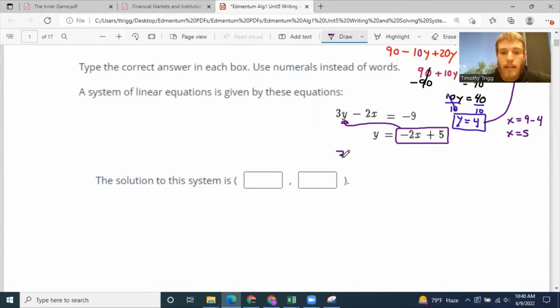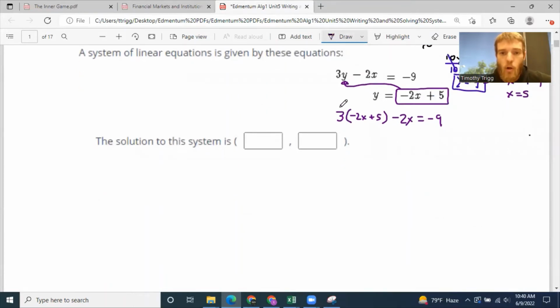Let's rewrite this top equation: 3 times y, which is negative 2x plus 5, then minus 2x, and equals still negative 9. I'm just rewriting this first equation, substituting the value of y. What do I do next? Well, hopefully you see that I would distribute this 3, multiplying the 3 times everything in the parentheses, giving us negative 6x plus 15.